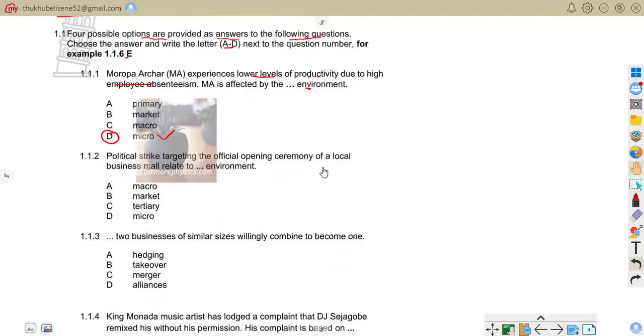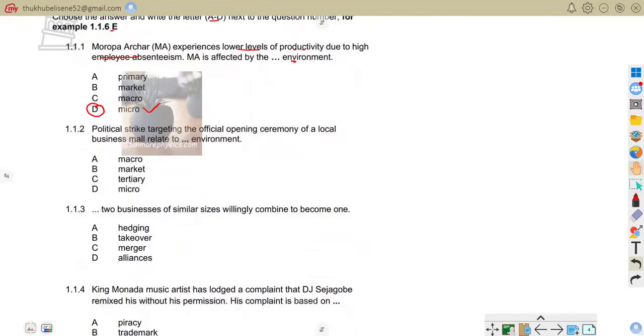Now let us move on to 1.1.2. Political strike targeting the official opening ceremony of a local business is more related to dash environment. We are talking about the political strike. We are given these four possible answers: macro, market, tertiary, and micro. The correct answer there is macro.